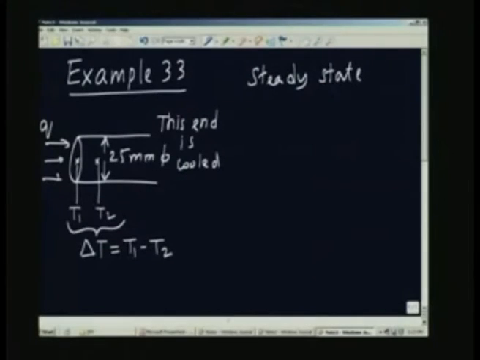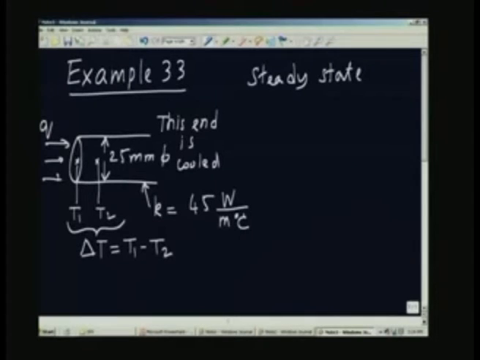Suppose I use a material of thermal conductivity 45 watts per meter degree Celsius. I am just choosing a material which has a value of 45. Actually, I can choose different materials depending on the maximum temperature you will subject the gauge to, and secondly, the kind of temperature difference you would like to have.